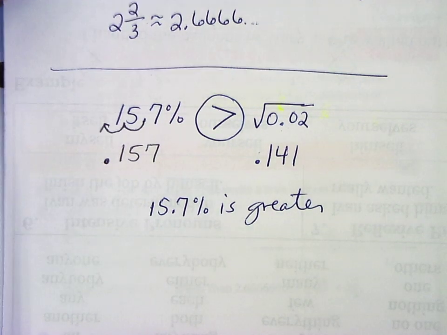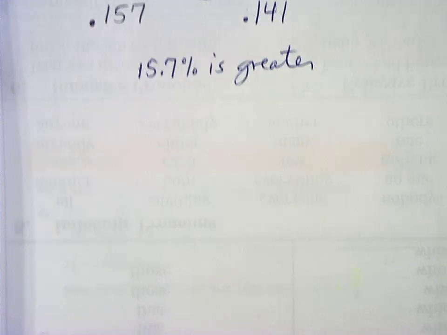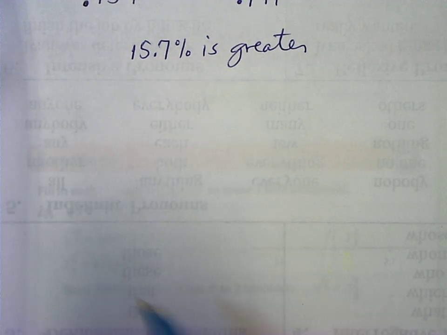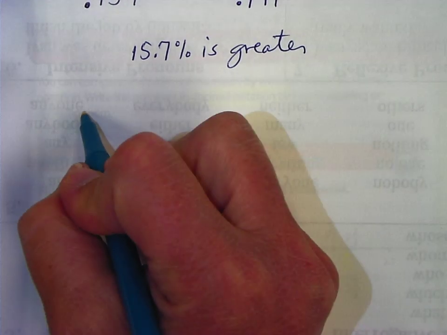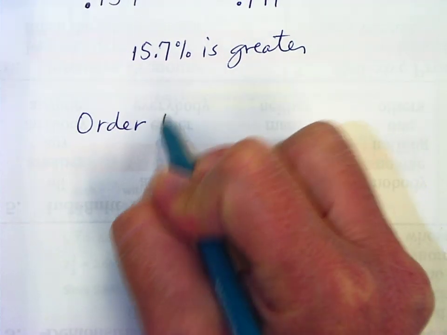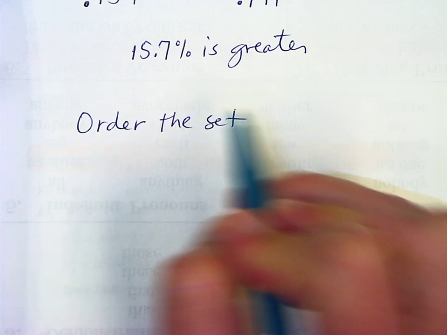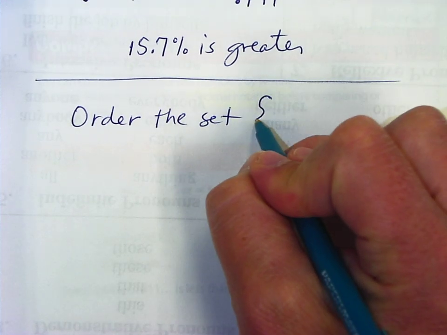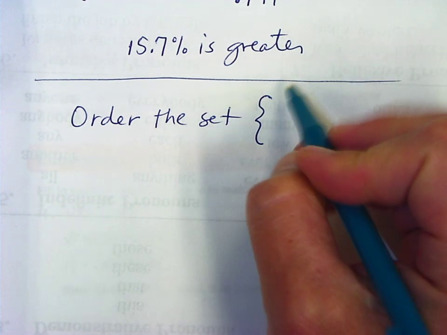Okay, you can also put different kinds of numbers in order from least to greatest or greatest to least. So let's say that we are going to order a set of numbers. It looks like this.